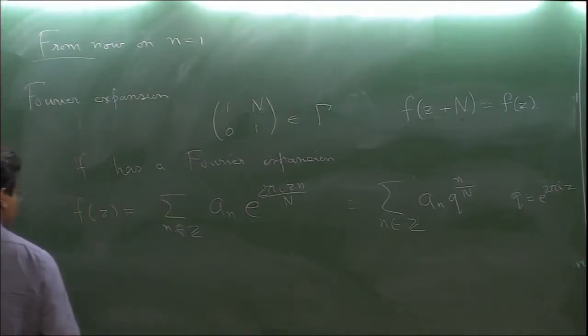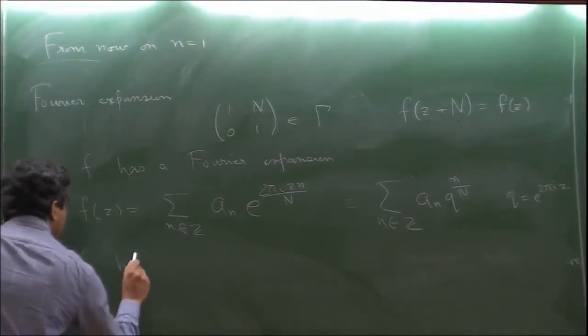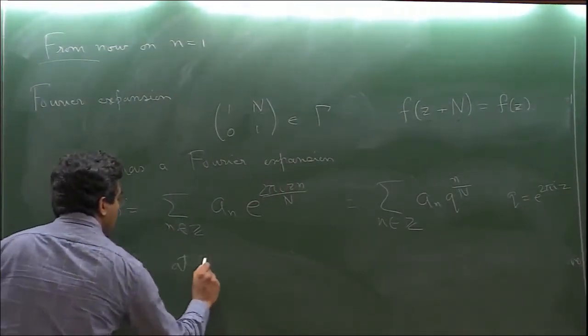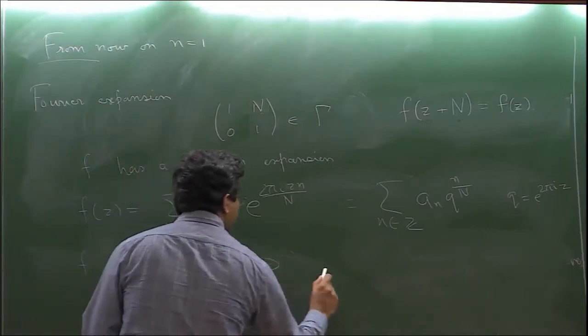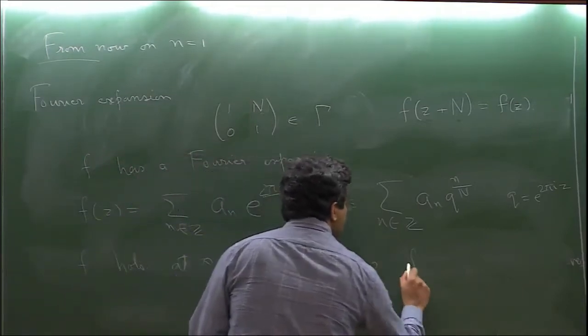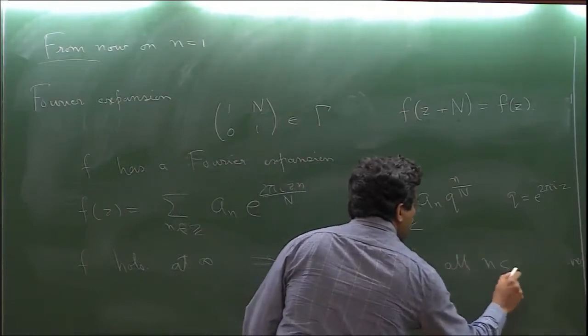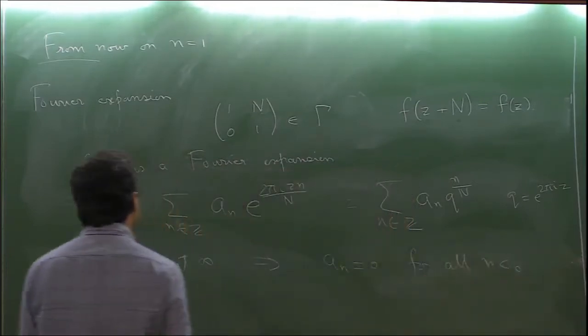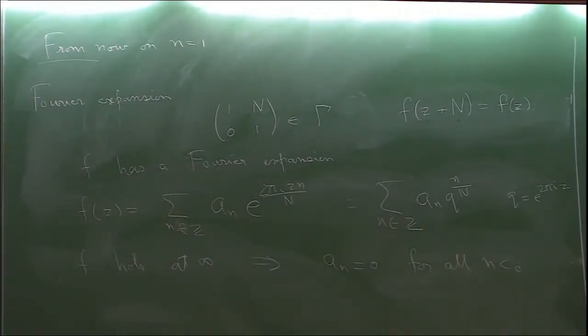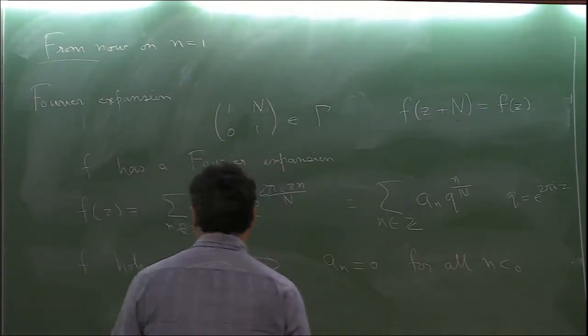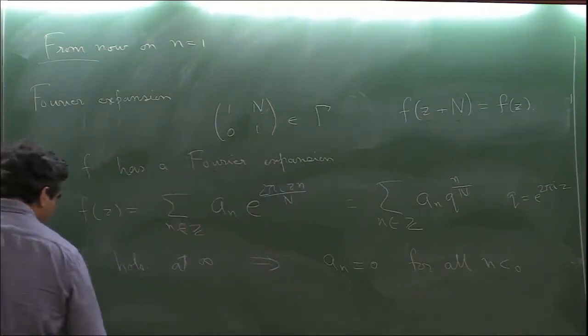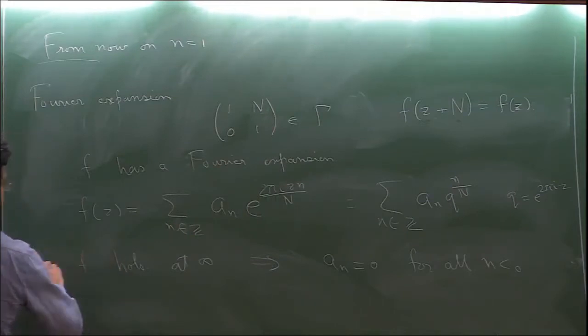And f holomorphic at infinity implies a n is 0 for all n less than 0. Okay, so this is another way of saying that f is holomorphic at infinity. Okay, so this is the Fourier expansion.